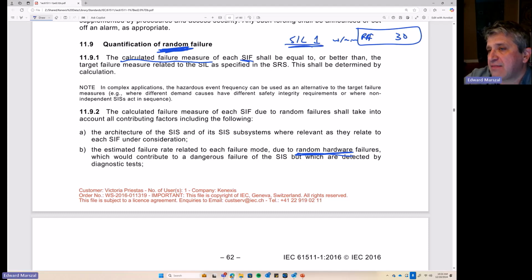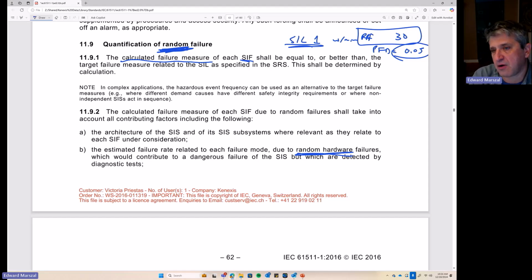You might also say, my calculated failure measure is a PFD of 0.05, where 0.1 is SIL 1, 0.01 is SIL 2. I might be looking for something in the middle. So the standard allows you to have different calculated failure measures than just that order of magnitude SIL target.